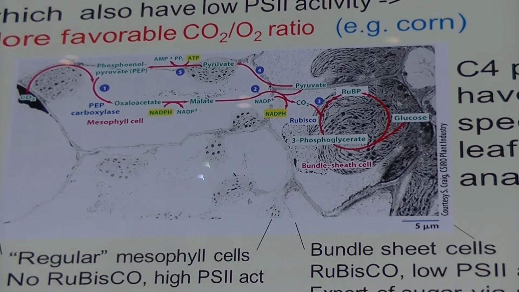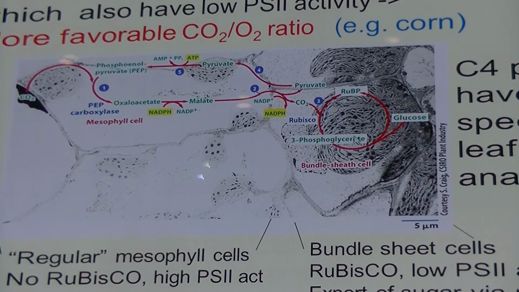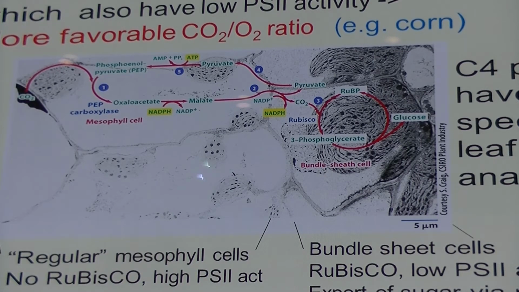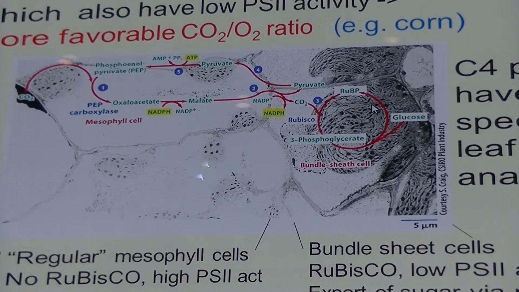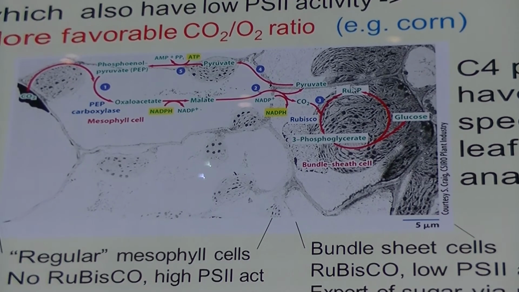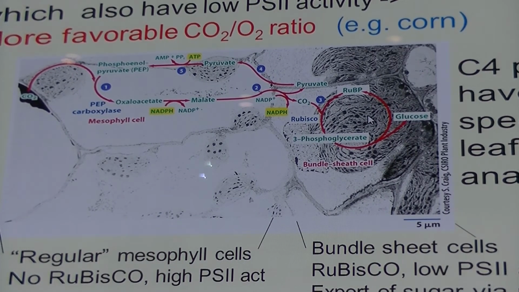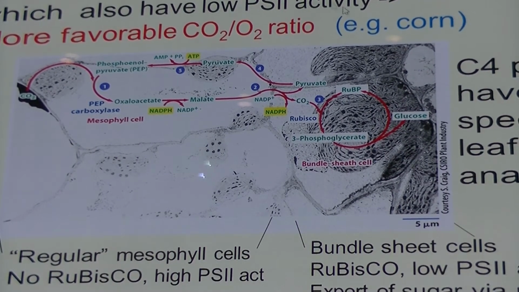So the result is that in the bundle sheath, we have a favorable CO2 concentration, and we have a low photosystem 2 activity. The water splitting is also not happening in the bundle sheath. It's very low photosystem 2 activity here. So that's how the Calvin cycle becomes more efficient. Corn is an example.